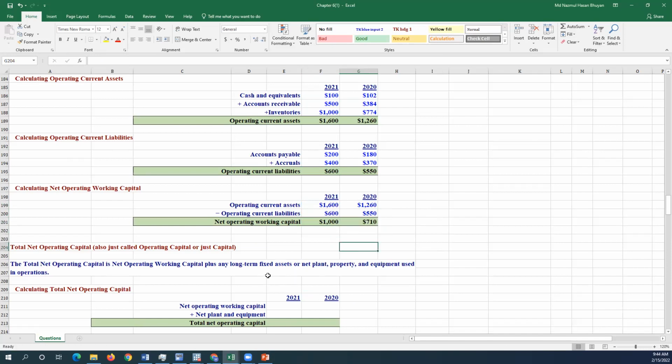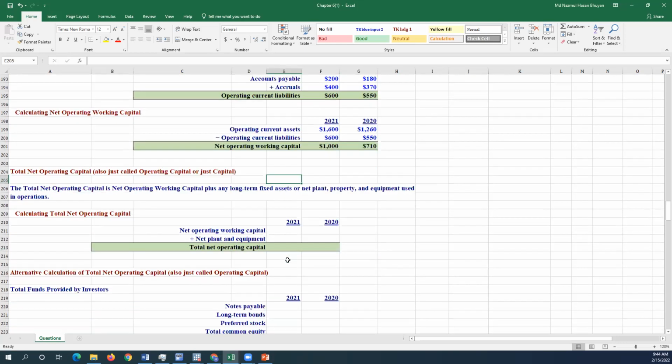All right, so net operating working capital in the year 2021 is 1000, and then this same account has a $710 balance in the year 2020.